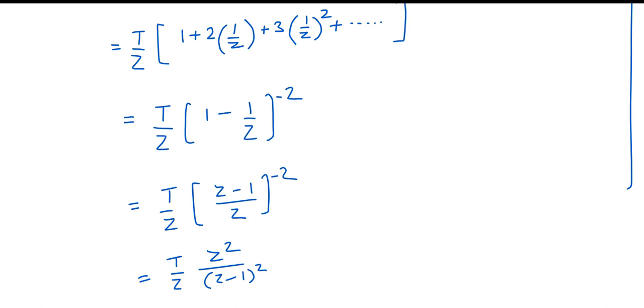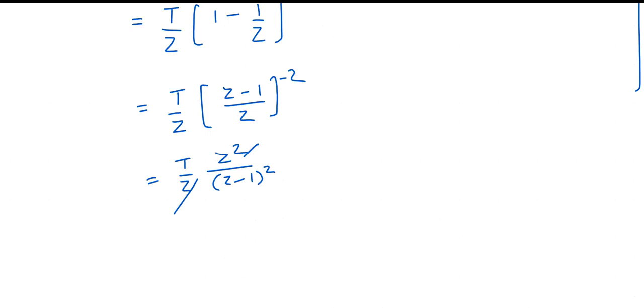So we can cancel one z. So we have z upon z minus 1 whole square. Got it now? So the z transform of t is equal to this.